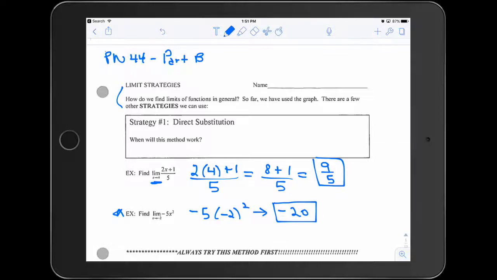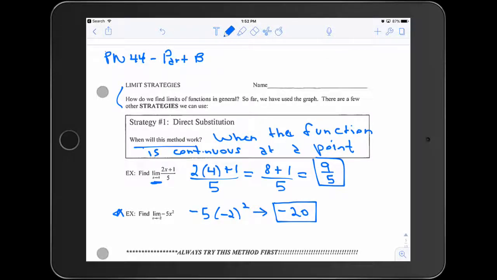Now up here it says when will this method work? It's really, and this is really important to note, when the function is continuous at the point. So what's happening is that we don't have that point of discontinuity or any of the other discontinuities that we've talked about at the beginning of the year.